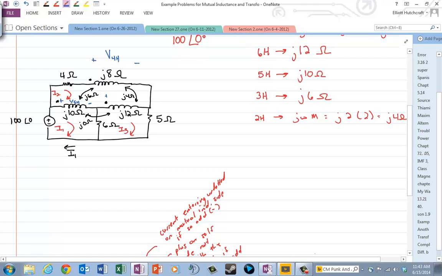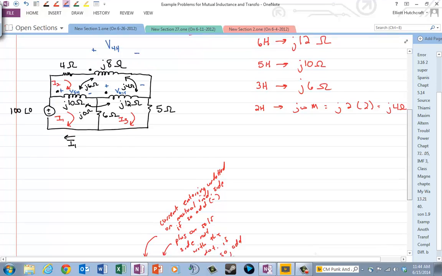And I'm going to label this one with the dot and call it V6 Henry. I'm going to do that because that will help satisfy that dot convention, and I don't have to worry as much about those conditions.